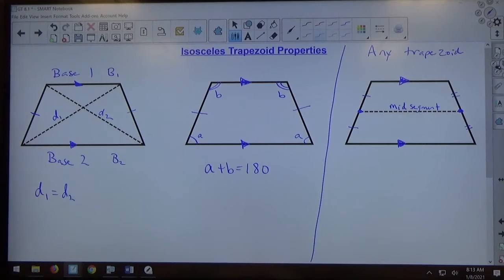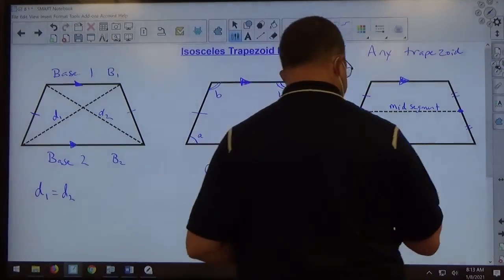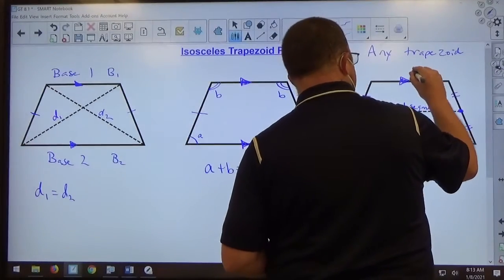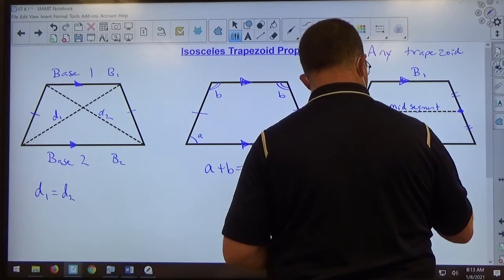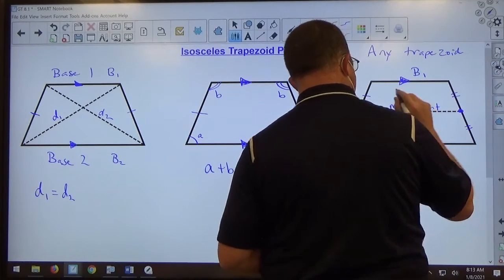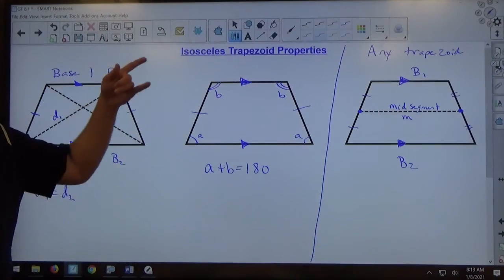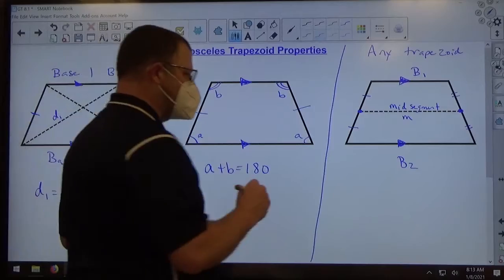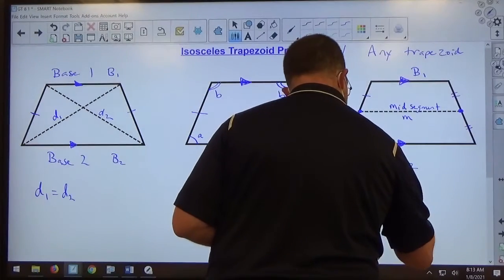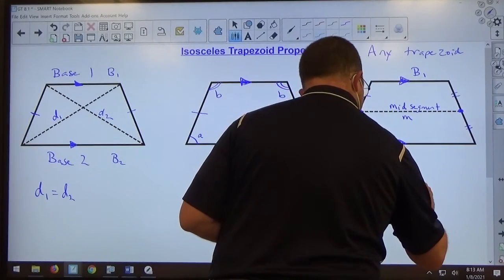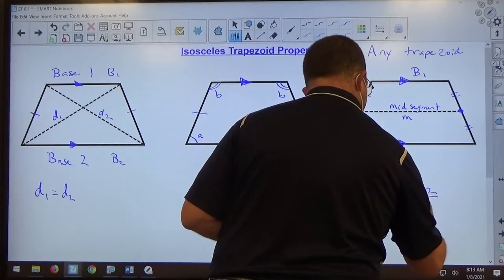And then finally, the mid-segment. If this is B sub 1 and this is B sub 2 and the mid-segment's measure, let's say, is M, the mid-segment's measure is the average of the lengths of the bases. So in other words, the mid-segment is equal to B sub 1 plus B sub 2 divided by 2.